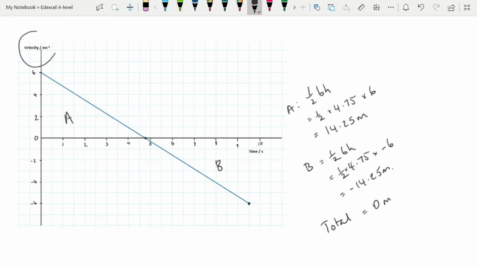Because this is a velocity-time graph, the area, when you multiply velocity times time, gives you displacement. What this is telling you is that the object started at a speed of 6 meters per second, was slowing down, and then went backwards at 6 meters per second. It went back to where it started. When you do these calculations correctly and watch your signs, you need to trust what the answer gives you at the end. Your total displacement from your starting point here was 0.